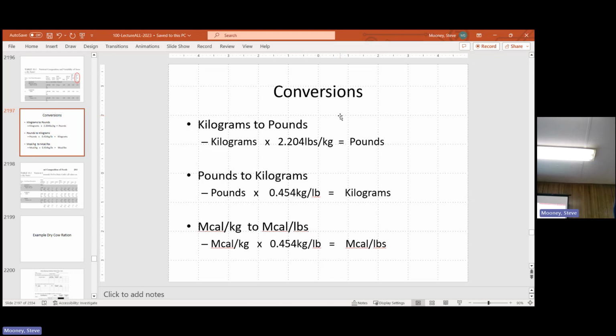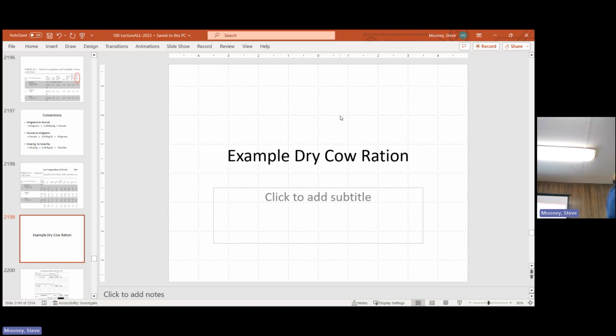So let's take a stab at a sample dry cow ration.